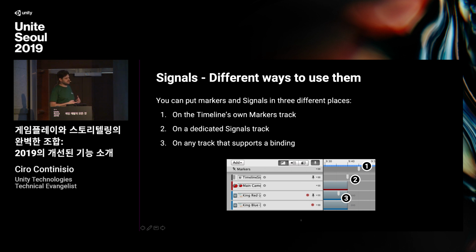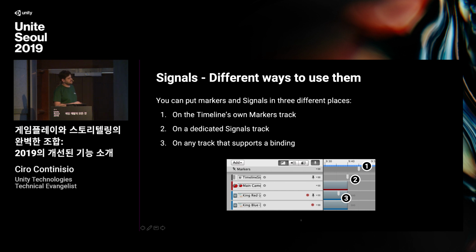Normally, it depends on who is receiving the signal. So in the first case, the object that receives the signal is the timeline itself. So everything is kind of self-contained. The second case is the most flexible, because you can connect any object to here.